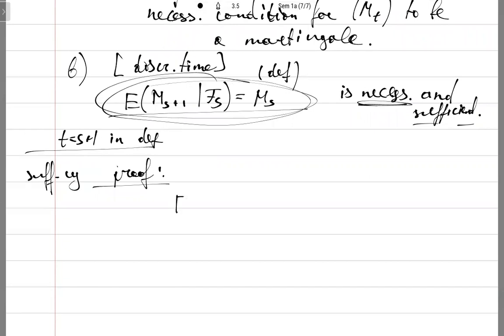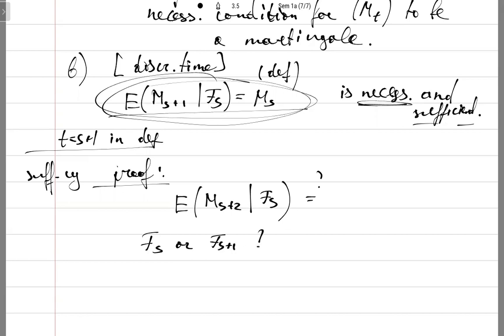So what is the expected value of Ms plus 2 given Fs? We may say that, according to the tower property, let's check which sigma algebra is bigger. My first question, which sigma algebra is bigger, Fs or Fs plus 1?